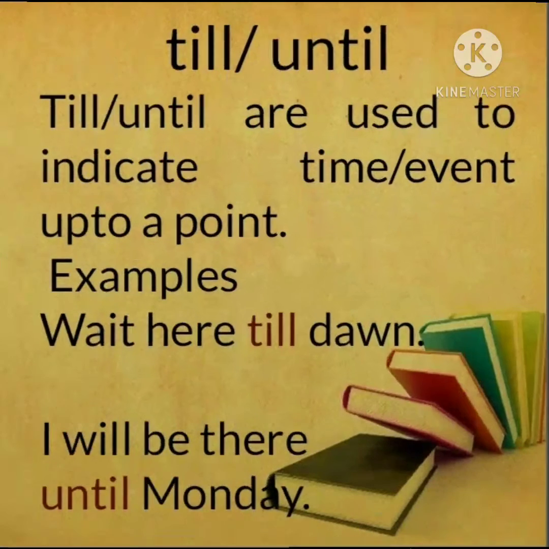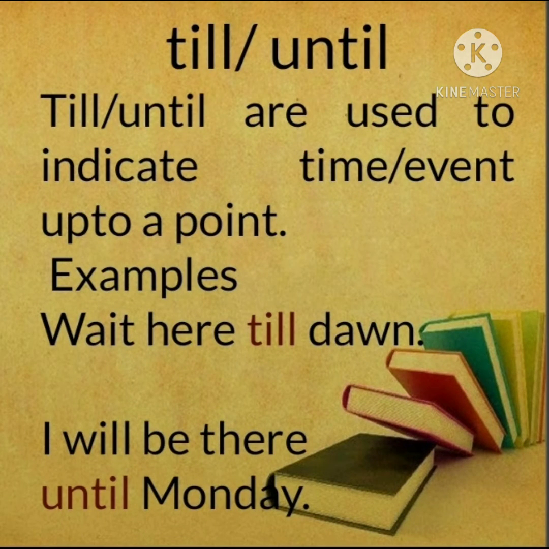The prepositions till and until are used to indicate the time or event up to a point of time. That means the prepositions till and until describe the time or event up to a certain point of time. For example, wait here till dawn.